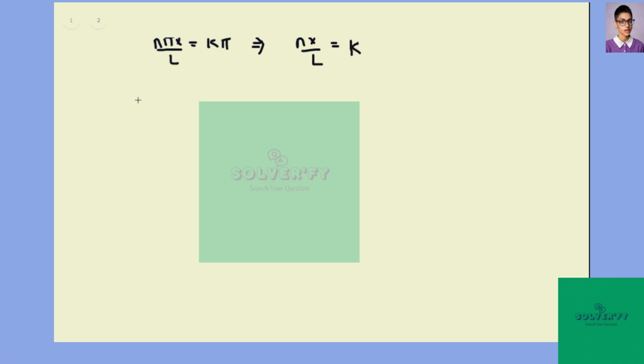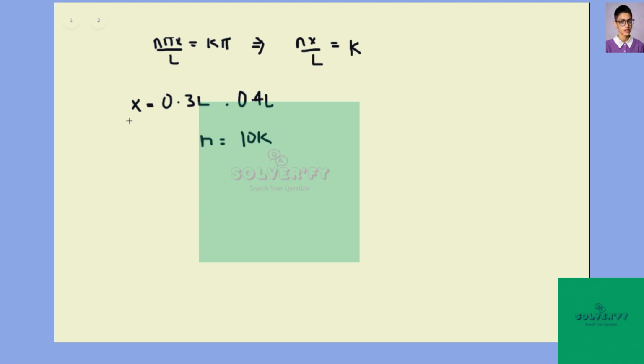Now we choose the first value, which is 0.3 L, and we also have 0.4 L. So this automatically gives us the relationship that n should be equal to 10 times k.